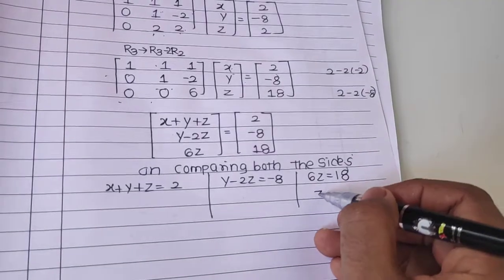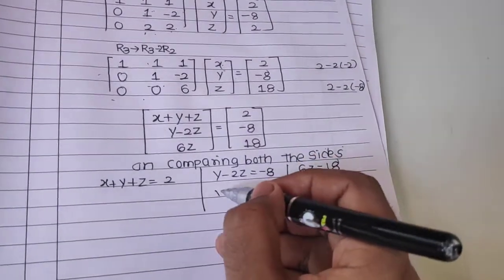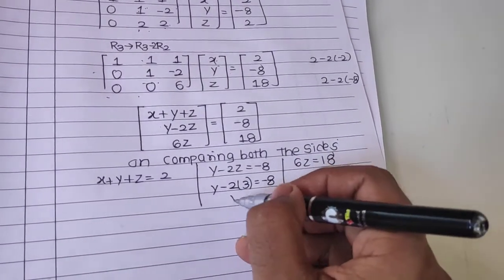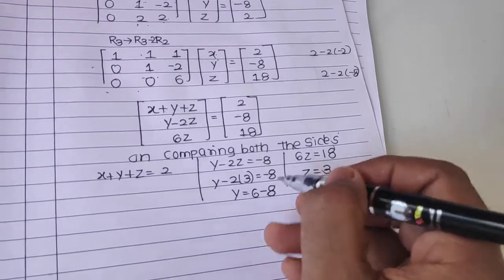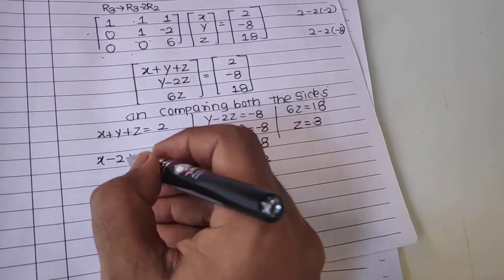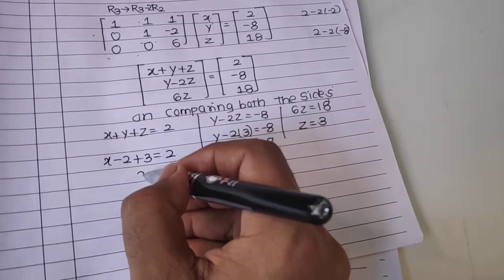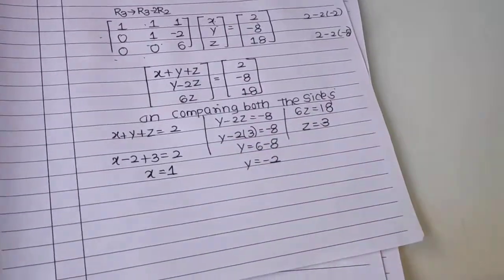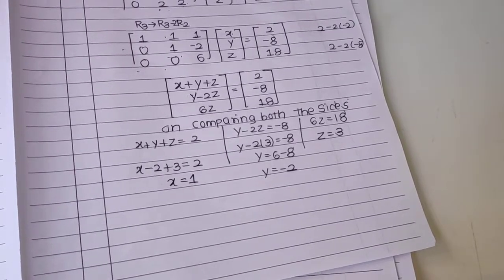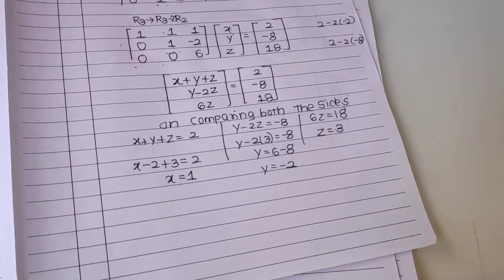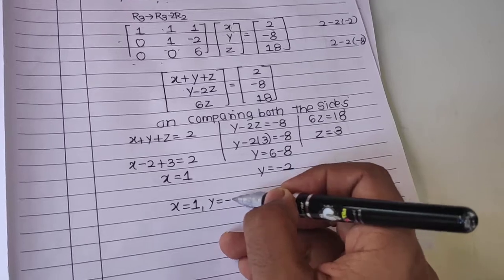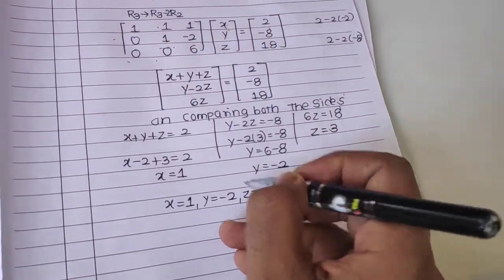This gives me the value. First is z equals 3. Now we're going to substitute z over here. So y equals minus 2, and with all these values, y minus 2, z 3, we get x equal to 1. So 1, minus 2, 3 will definitely satisfy all three equations. So this is our reduction method, x equal to 1, y equal to minus 2, and z equals 3.